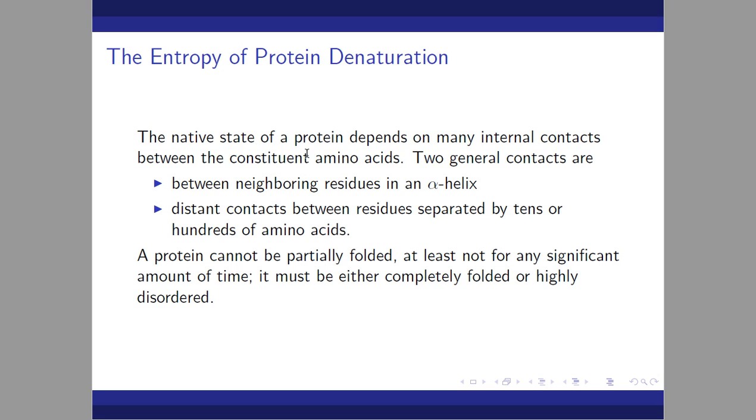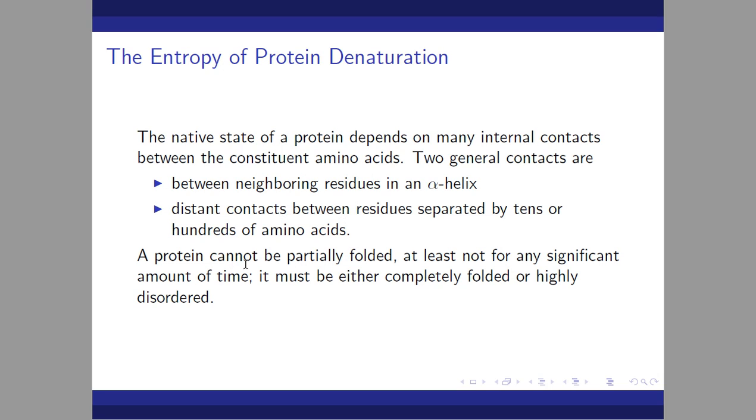The native state of a protein depends on many internal contacts between the constituent amino acids. Two general contacts are between neighboring residues in an alpha helix, and distant contacts between residues separated by tens or hundreds of amino acids, next to each other and far from each other.